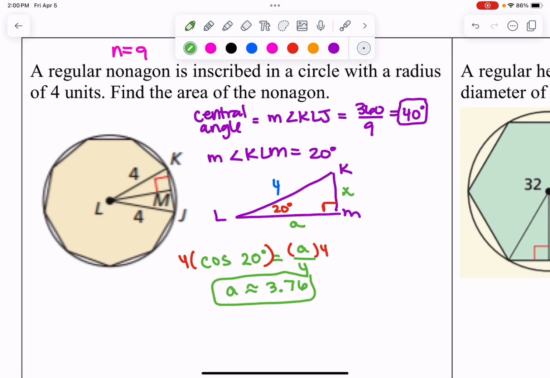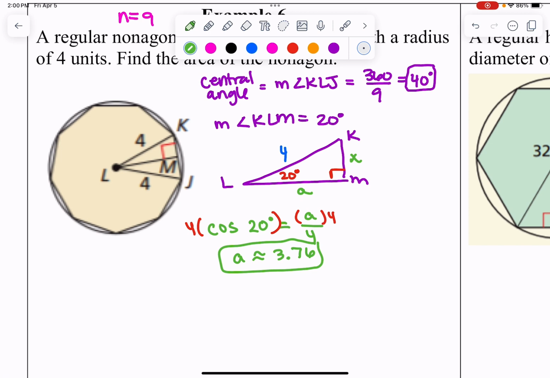Well, let's go ahead and continue using our SOHCAHTOA to find X. So now to find my side X, X is my opposite side, and again I have my hypotenuse. So if I have the opposite side and hypotenuse, that's the sine. So I can take the sine of 20 degrees is equal to my opposite side X over my hypotenuse 4.